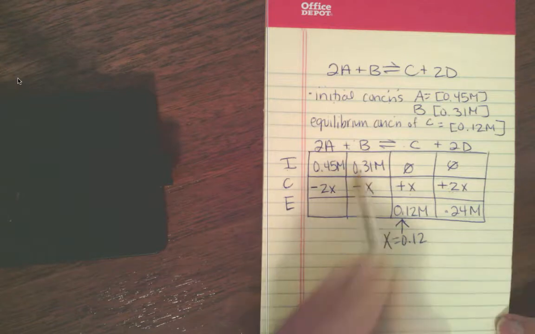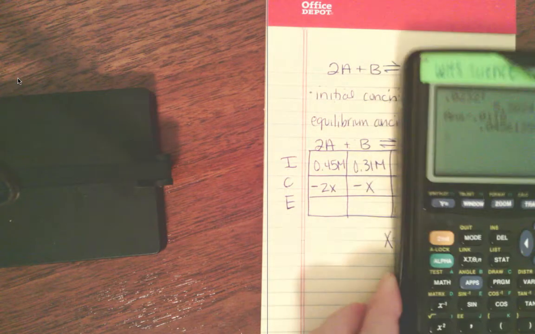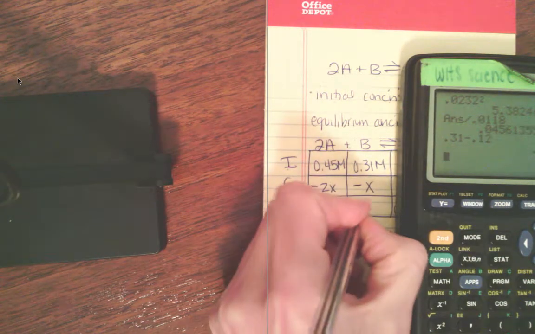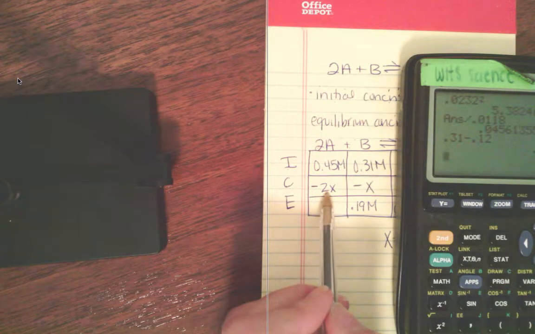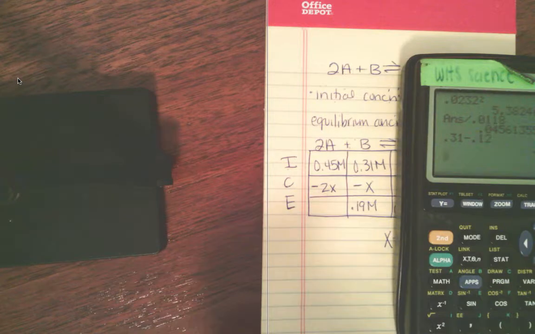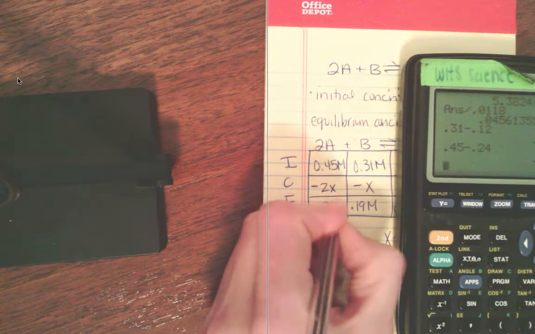So coming over to B, if I know that X equals 0.12, then I can take the initial concentration, which is 0.31, minus what X equals, which is 0.12, and that gets me a concentration of 0.19 molar. And because this is minus 2X, I know that I have to use double, which is going to be 0.24, so I'm going to take 0.45 minus 0.24 because that's double X, and I get the concentration 0.21 molar.